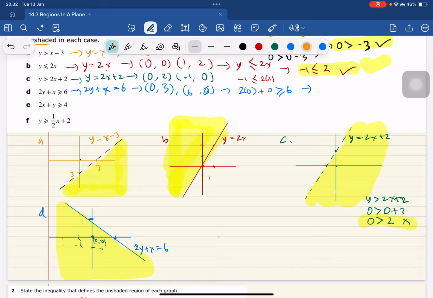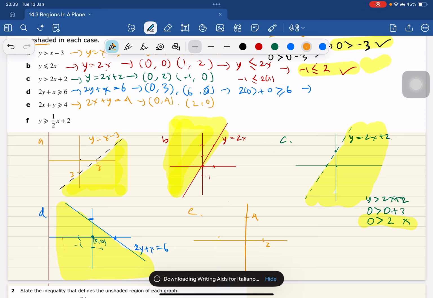So here is E. Let us make 2x plus y equal to 4. When x equal to 0, y equal to 4. And when y equal to 0, x is going to be 2. Okay, this is for E. So when x equal to 0, 4 is here, and 2 here.